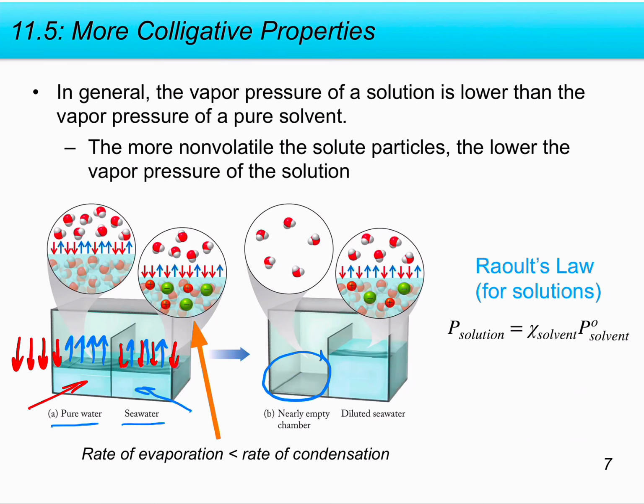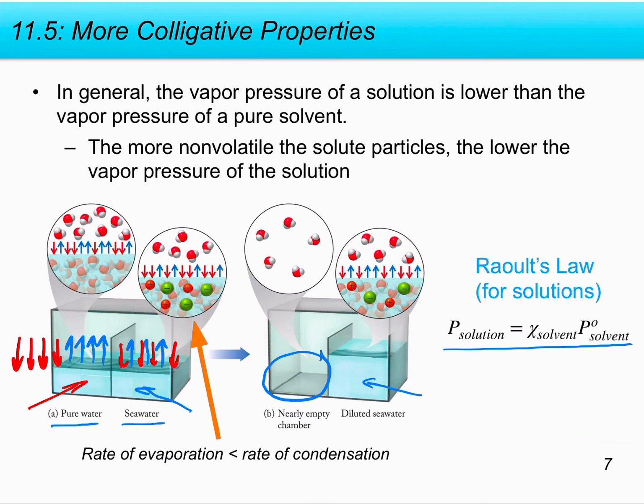So that's why when we leave this over time, then we have a nearly empty side of water, and then on the other side, the right side, this is just diluted seawater now, because the water from the left-hand side has moved over and condensed into the other side. Now, Raoult's law is about the same, except we only have to consider the volatile component, right?